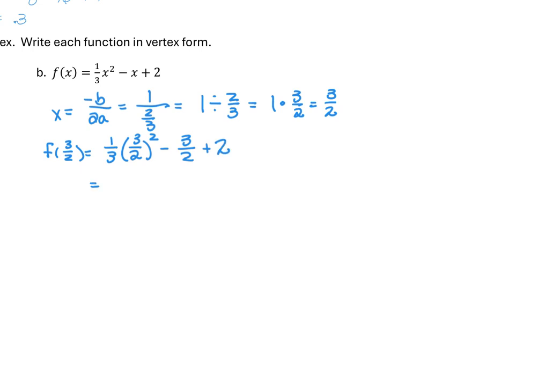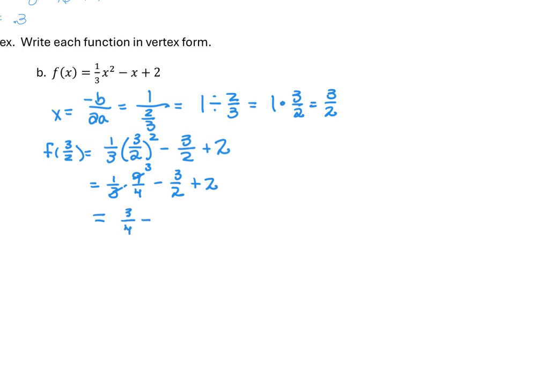If we square 3/2, this is going to be 1/3 times 9 over 4. We want to square both top and bottom. We have minus 3/2 plus 2. I'm going to simplify this first term. We can divide by 3 to the top and bottom, and we get 3/4.